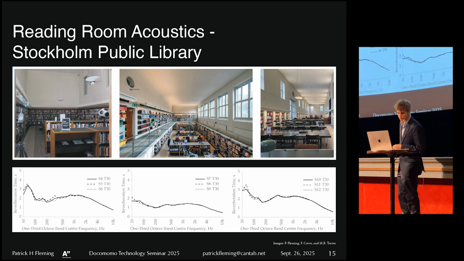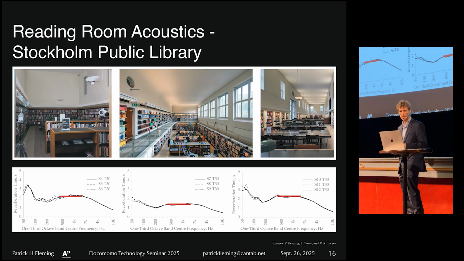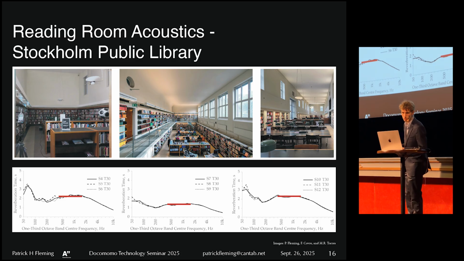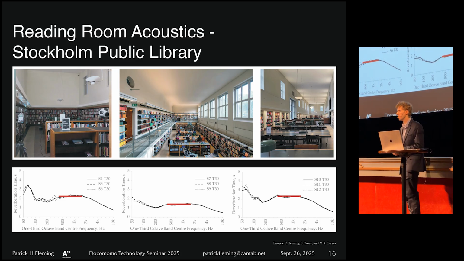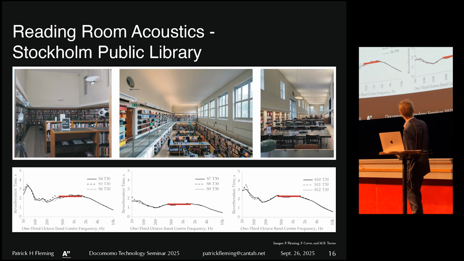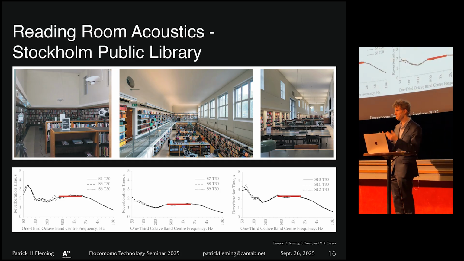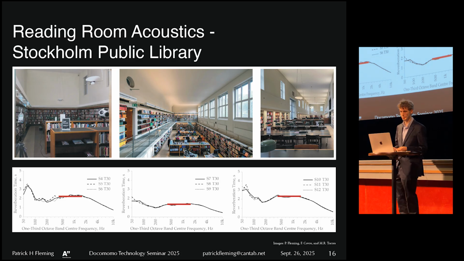The reading rooms, in terms of their reverberation time, are much more reasonable, around 2 seconds for the 1920s, and a little bit lower, around 1.5 seconds or so for the 1932 part. My understanding of this result is that the 1930s part had an additional layer of books on the gallery level, and so it has a little bit more absorption that lowers the reverberation.